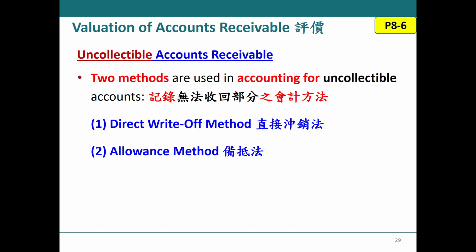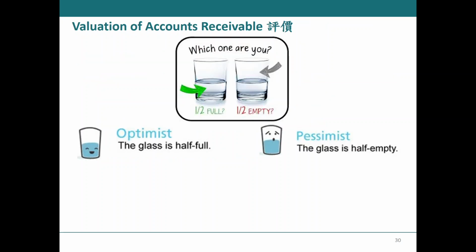Okay? So what's the difference between these two methods? It depends on your personality. So remember, for perpetual 永续盘存制 and periodic 定期盘存制, what's the difference? You are a hard worker or you are a lazy guy, right? Here, what's the difference? It depends on when you look at this picture, what do you think?